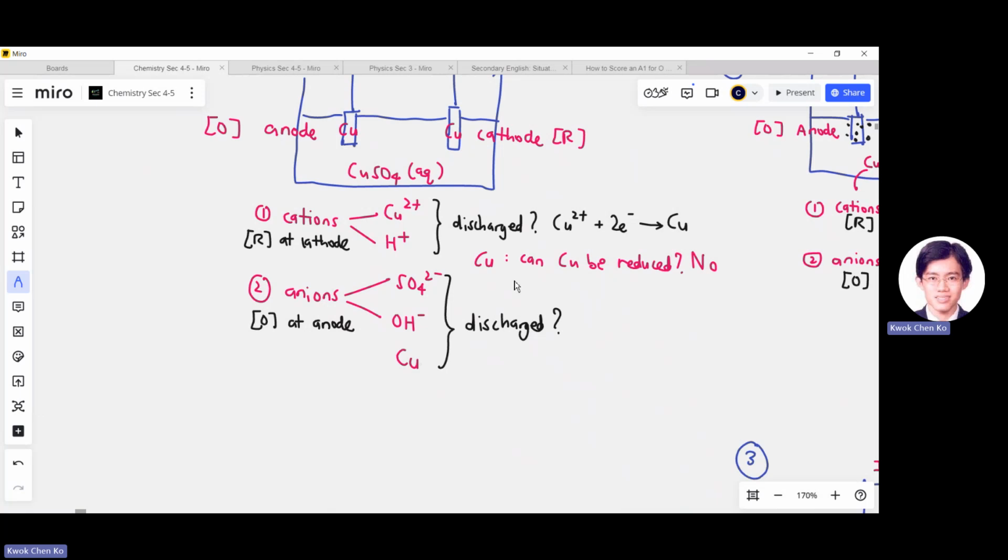Therefore, in this case, copper is the one that gets discharged. So what does it oxidize to? Remember, oxidation means electrons on the right-hand side, representing a loss of electrons, so it oxidizes to copper 2+. This is your anodic reaction.